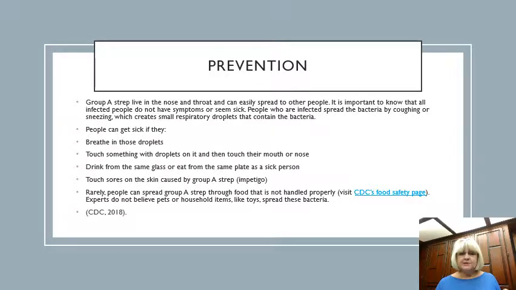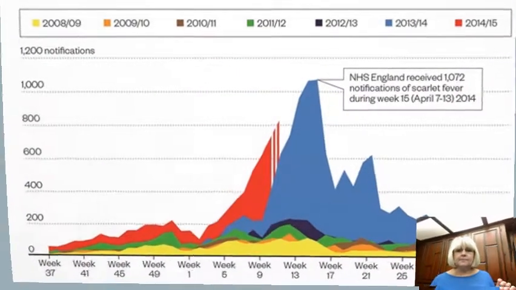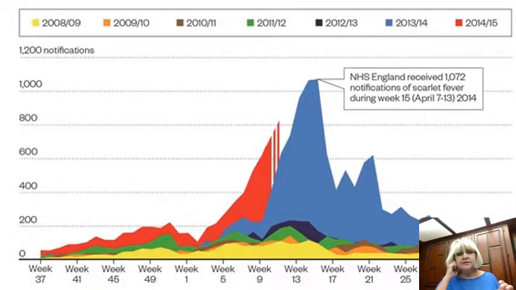I also have some slides I'm going to show you next. I just found this really interesting. Okay, this is England, and you can see in blue during week 13 how many more cases of scarlet fever popped up in 2013.